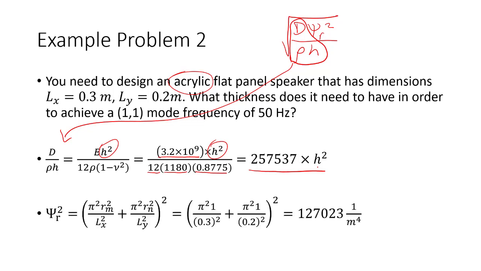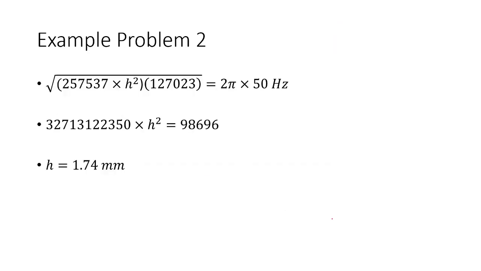Psi sub r squared doesn't have the parameter h in it, so we can just calculate that directly. And the only thing that's changed from the previous problem are L sub x and L sub y. So L sub x in this case was 0.3, L sub y was 0.2, and this comes out to be 127,023 1/meters to the 4th. So then to calculate the thickness, omega equals the square root of D divided by rho h times psi sub r squared.